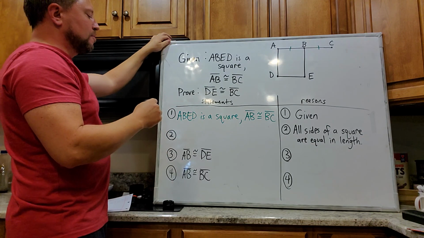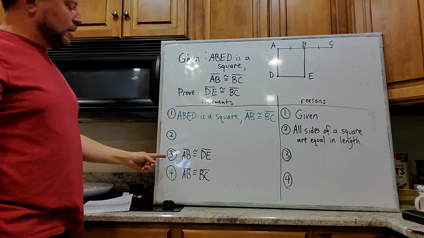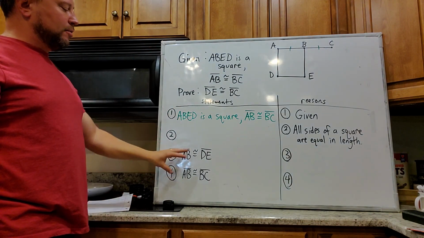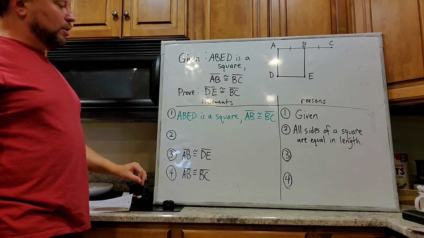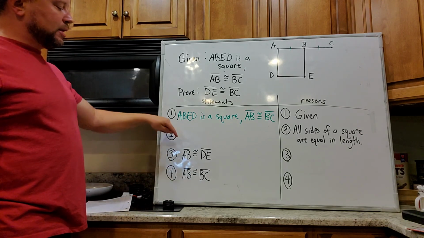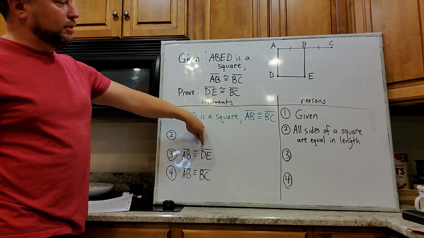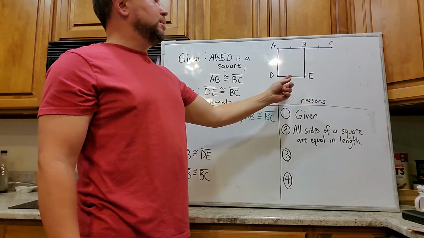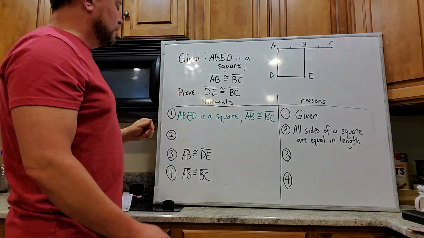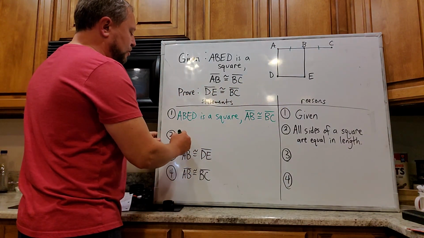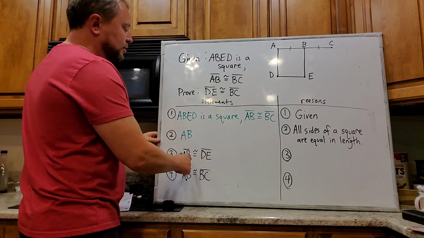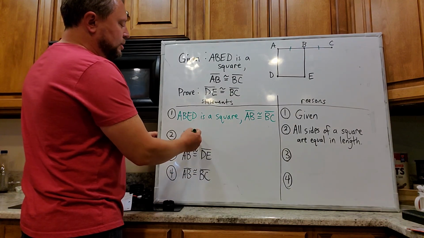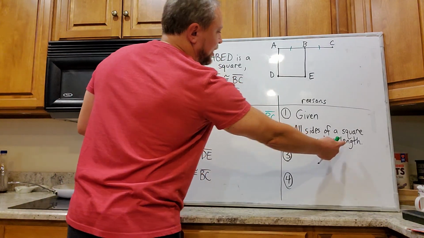All four of those. But when I look ahead in my proof, one of the things we're going to state is that AB and DE are congruent. And AB and DE just happen to be two of the sides of that square. So in the previous step, I'm going to say the same thing, only instead of congruent, we say that they have the same length.